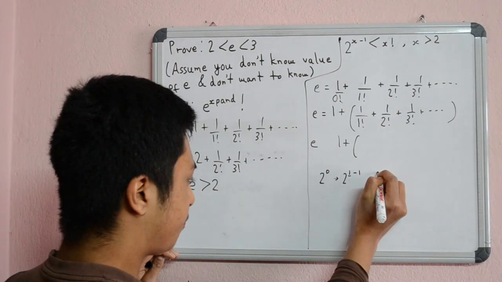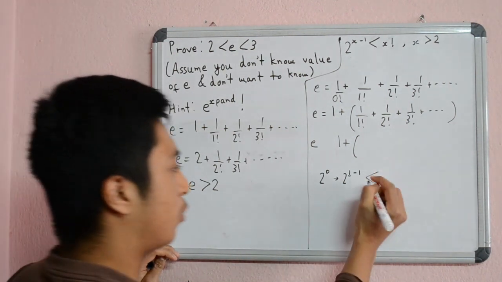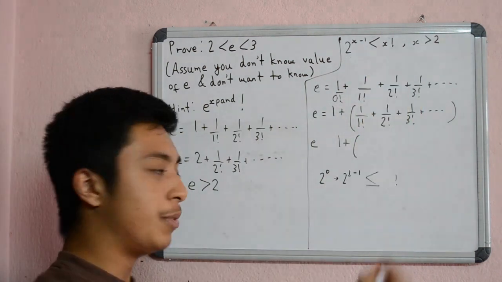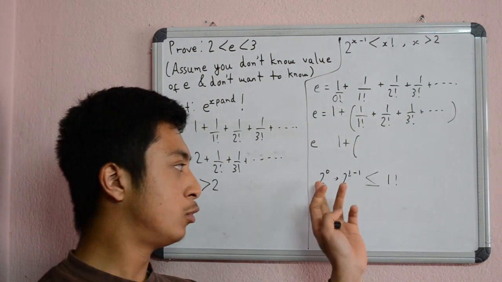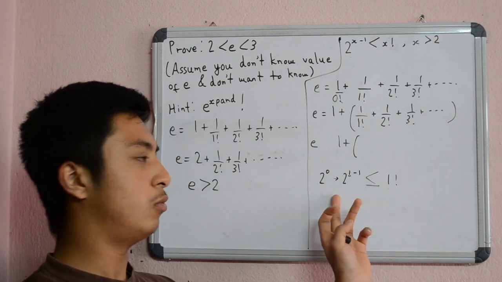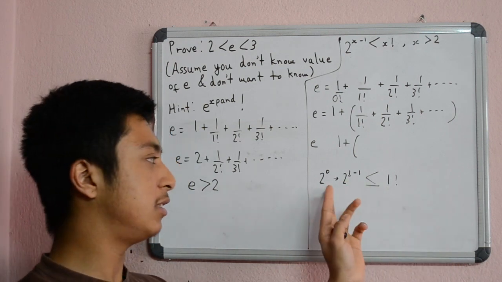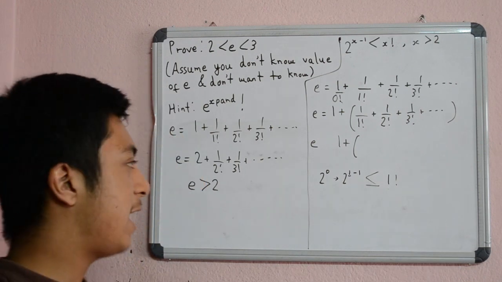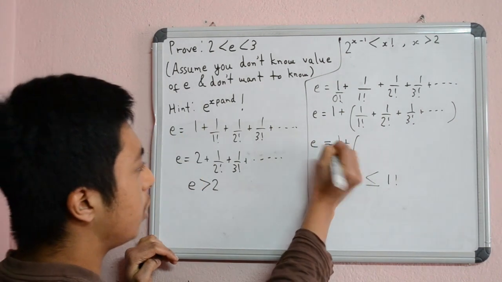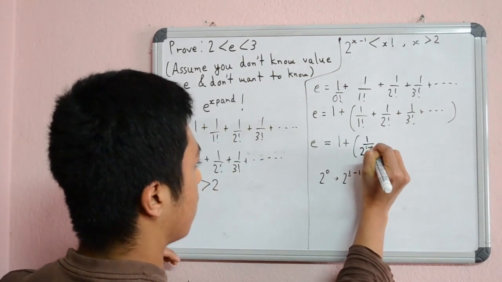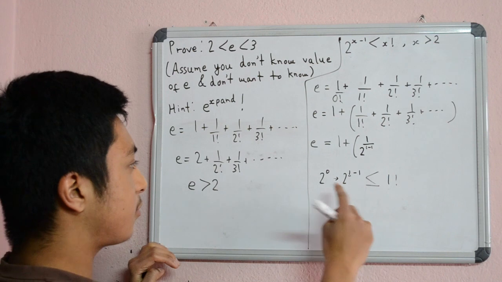So this relation kind of doesn't work for when x equals 1, because here you'll have 2 to the power 0 is less than 1 factorial, but 1 cannot be less than 1, so 1 is greater than or equal to 1. So let's not really focus on that, because here the term will be equal to 1 by 2 to the power 1 minus 1, right?